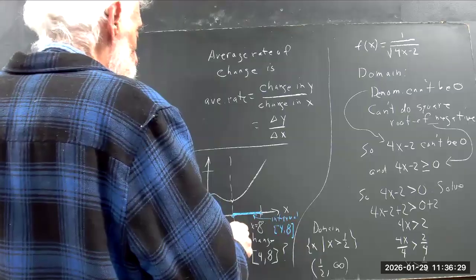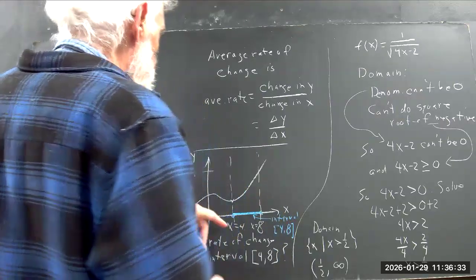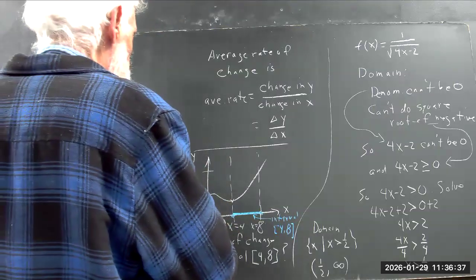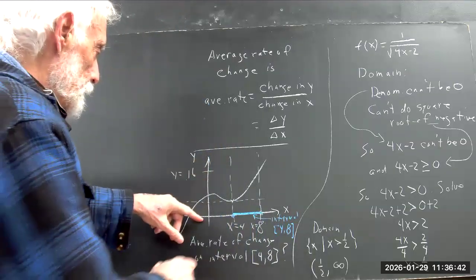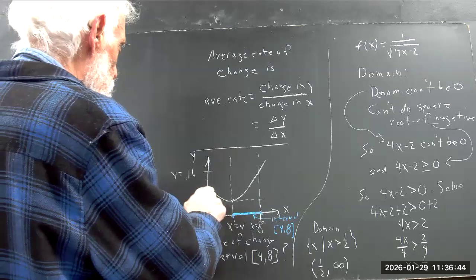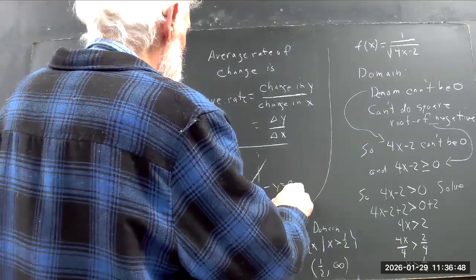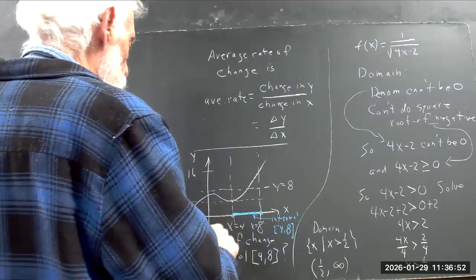We have the point here, and we have the point here. We have a point on the line x equals 4. What's the y coordinate there? Well, if y is 16 here and 0 here, then I'd say y equals 8 about here, and y equals 4 just a little below this line.